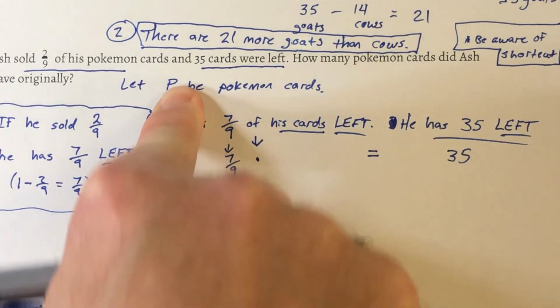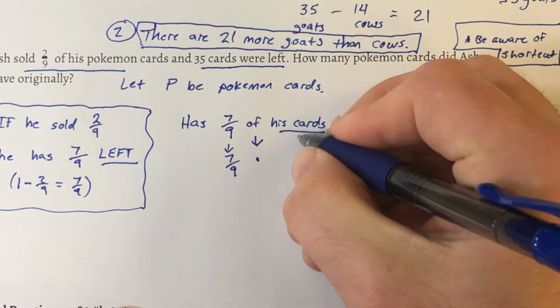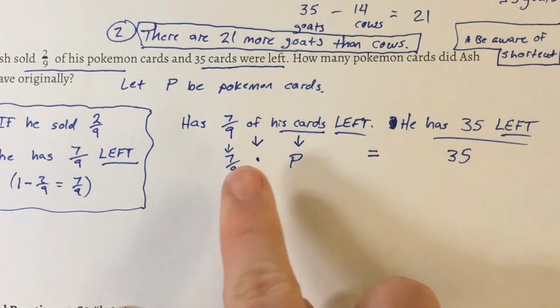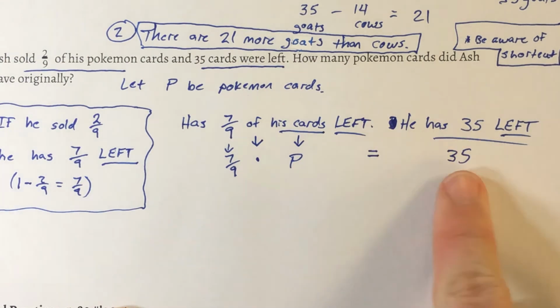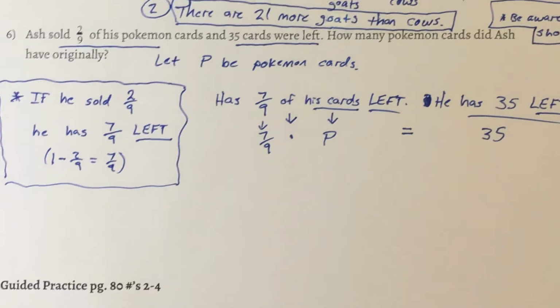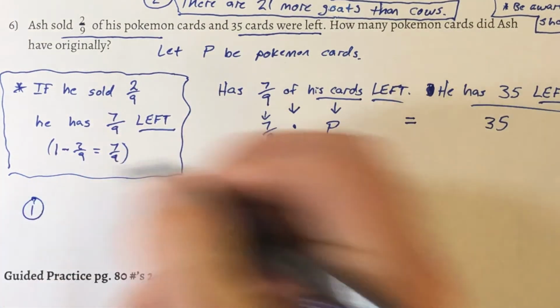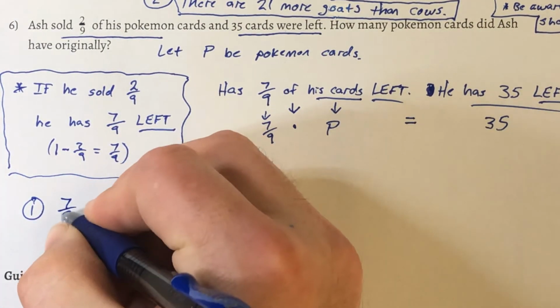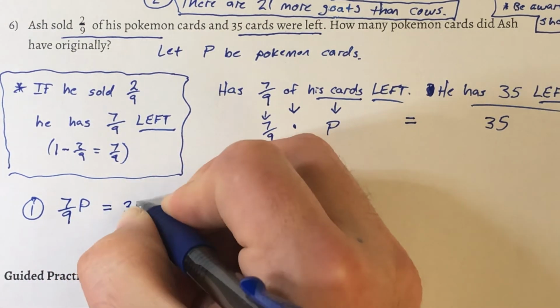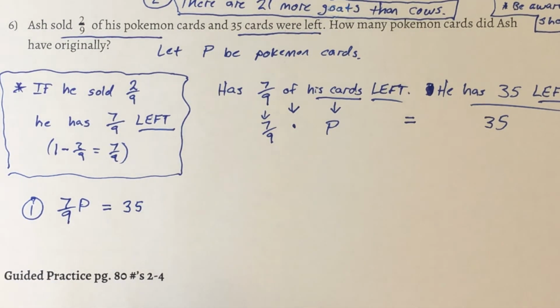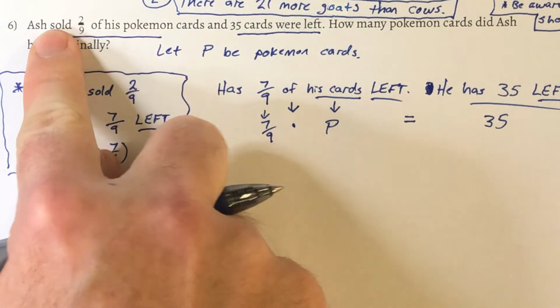We said capital P would be the number of Pokemon cards. So 7/9 of his cards are left. 35 are left. So first answer, our equation is going to be 7/9 P equals 35. Notice, no subtraction anywhere in there, even though it has the word sold.